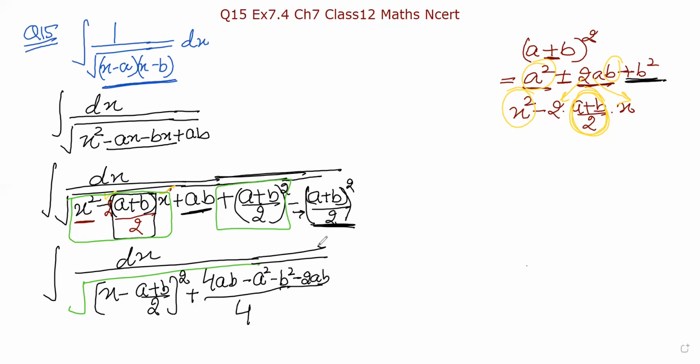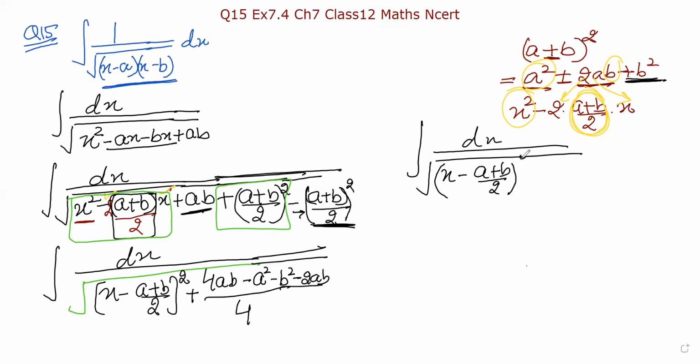Then after this, I will have dx upon square root of x minus (a plus b) upon 2 whole square. Then if I take minus outside, I will have a square plus b square minus 2ab upon 4, like this.